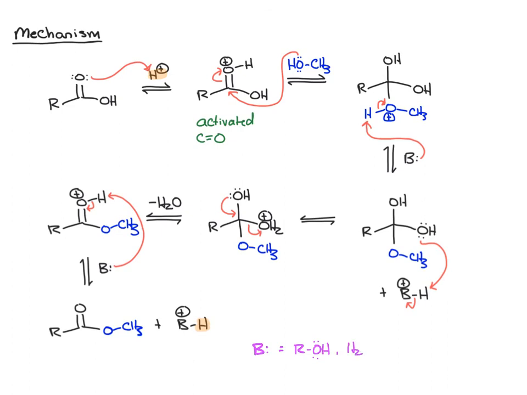It could be the lone pair on the water, the lone pair on one of the carboxylic acid starting materials, or if you use sulfuric acid as your acid, it could be the HSO4 minus. So many possibilities in the solution that could act as that weak base to take the proton.